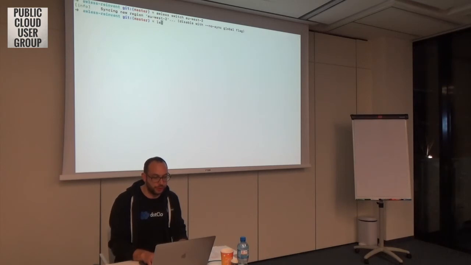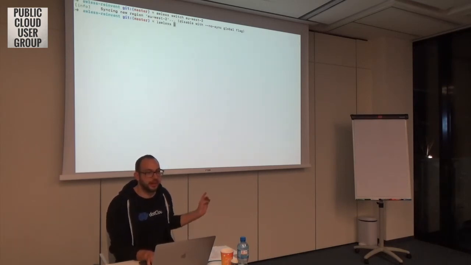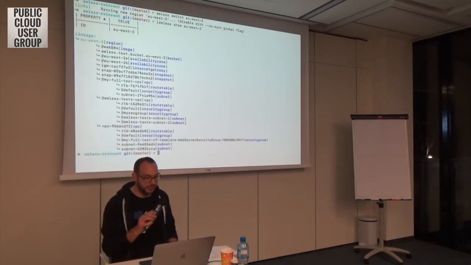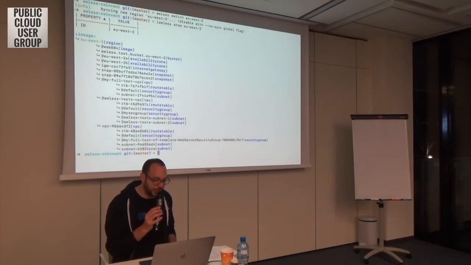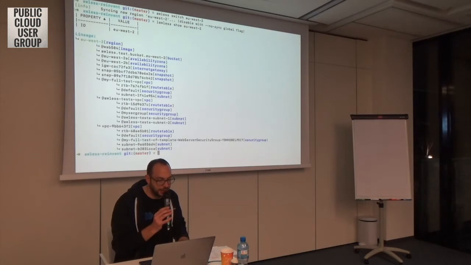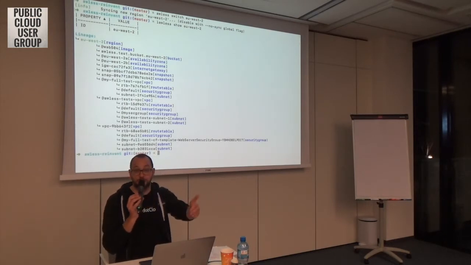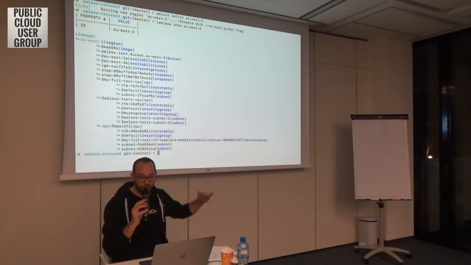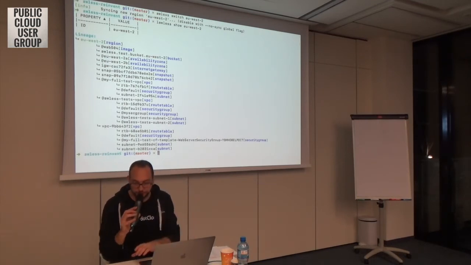Just to show what we have, awless on my terminal is an alias for awless --local. We can show the region, and it tells me we already have a few things in this, but that should be fine. That's also pretty easy. When you show a region, you can have the list of the resources in that region.